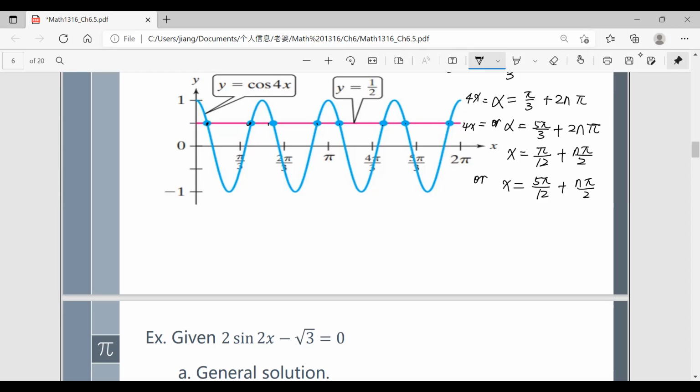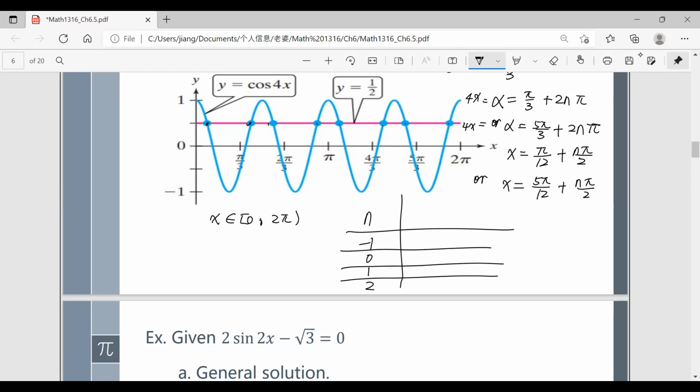And the x we want to find is in 0 to 2 pi. So we can draw a table, for n and x. Here are n's values. Maybe we can start from -1, 0, 1, 2.